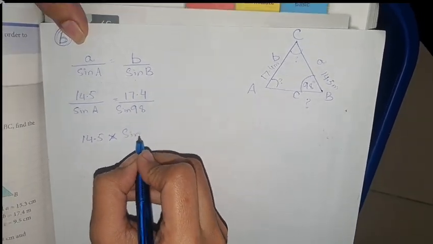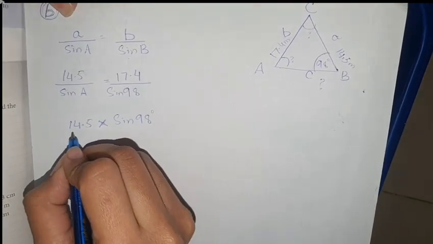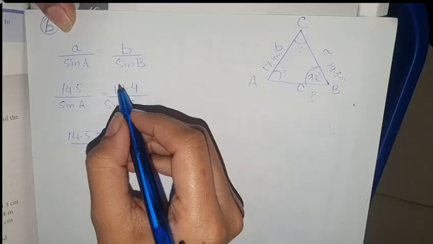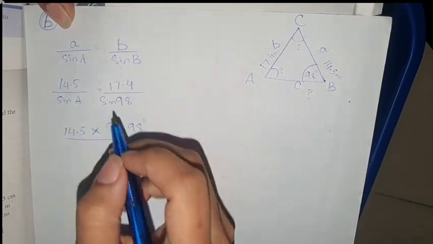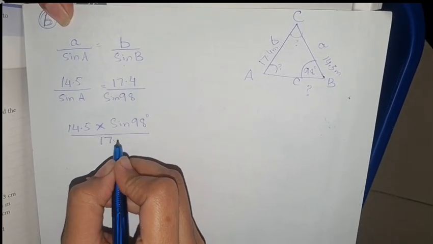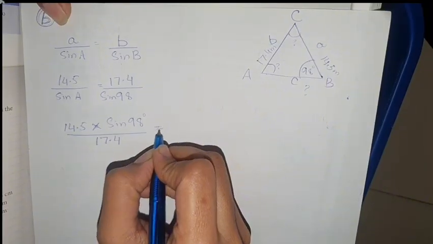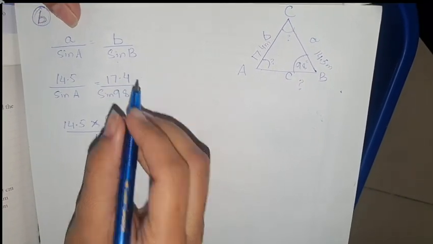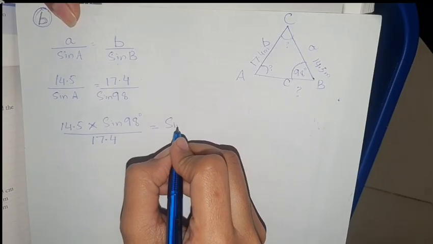So sine 98 I am shifting to this side, and 17.4 is in the numerator on this side of the equation. If we shift it to this side, it will be in the denominator, so 17.4 will be over here, equal to sine A. Sine A is in the denominator; if we shift it to this side of the equation, it will be in the numerator.